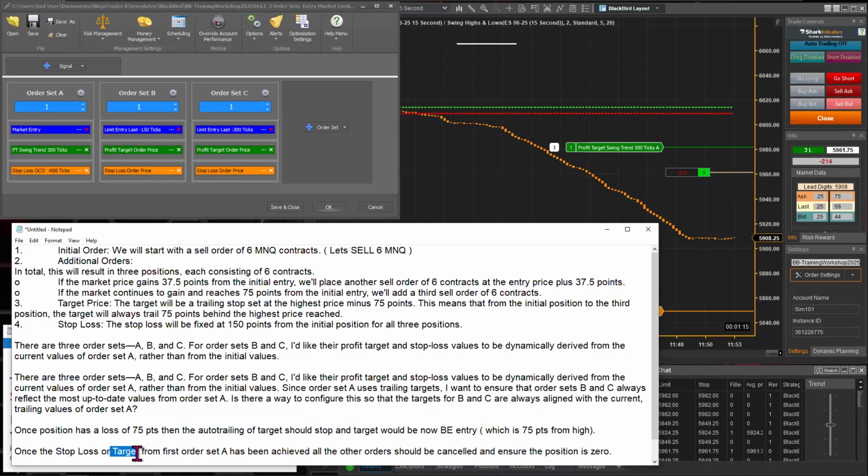Once the profit target has been hit, then we do need to cancel the other scale-in entry orders, right? Makes sense, right? We don't want to leave these entry orders just hanging out there.